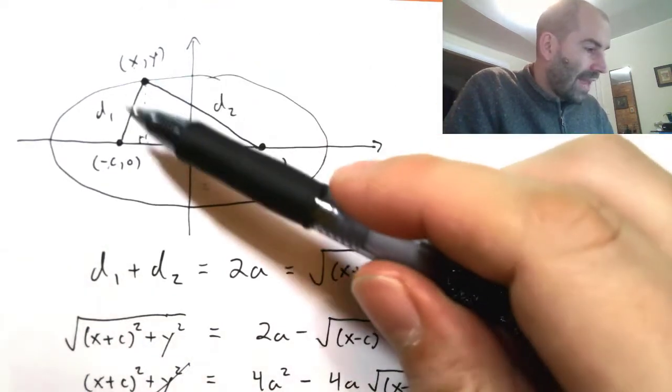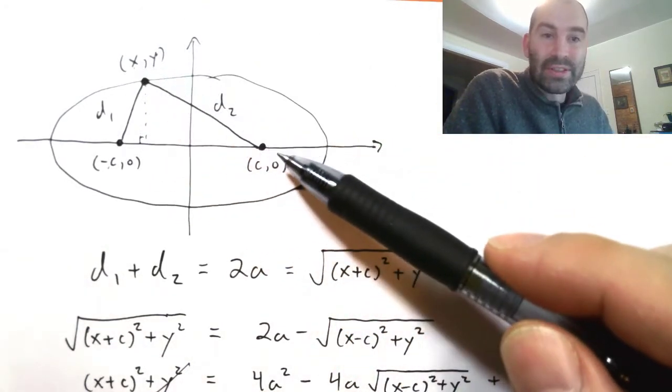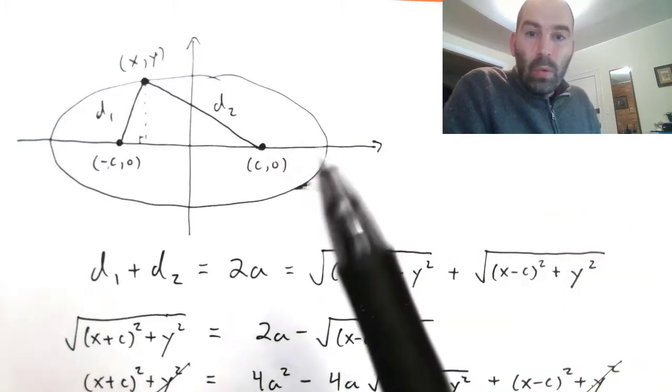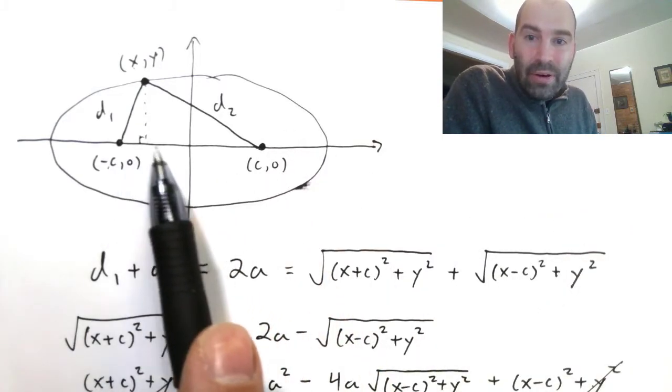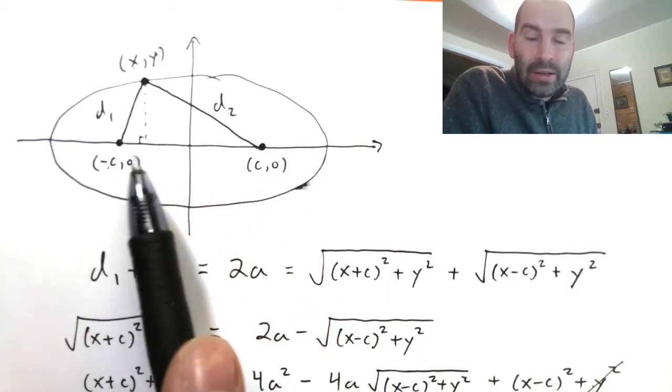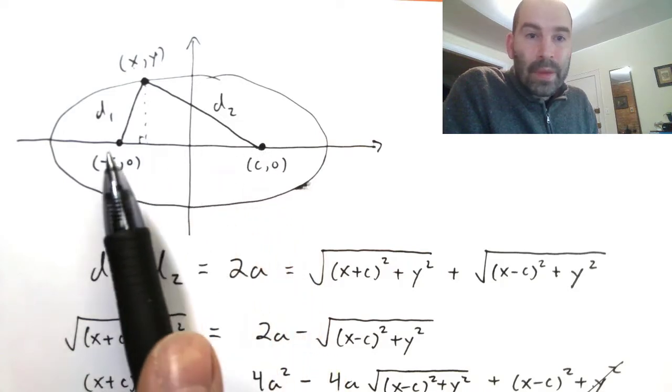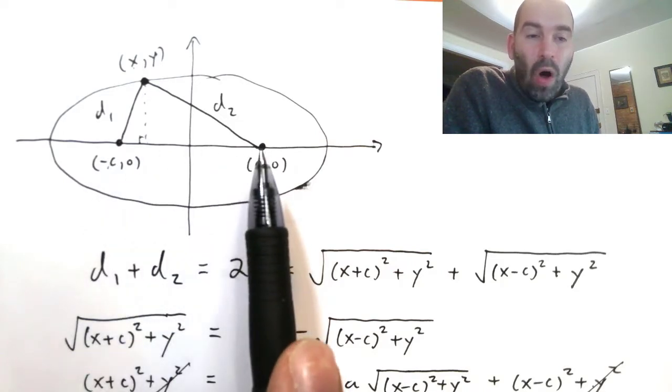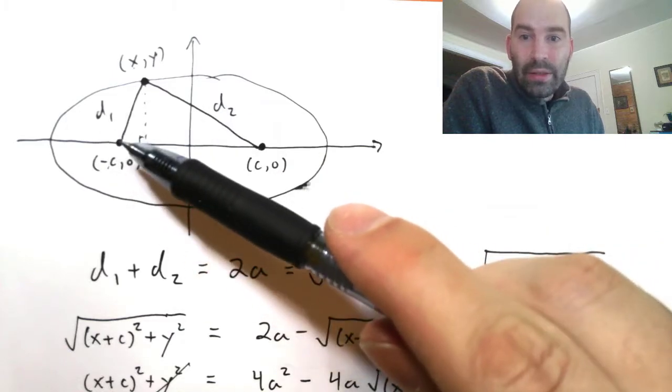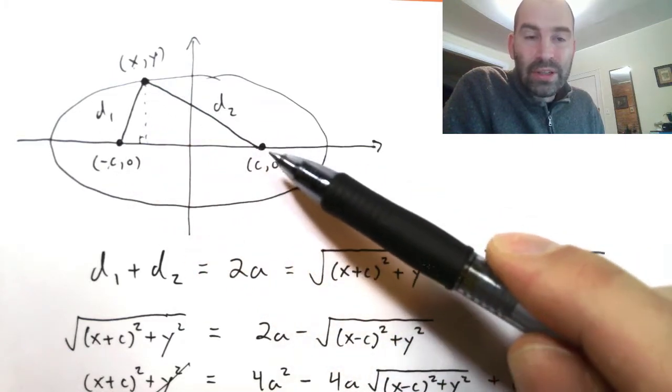Remember what a is. a is exactly half of the total distance. Okay? Well, c is half of this distance right here. Right? But this distance is always going to be less than the sum of these two distances.